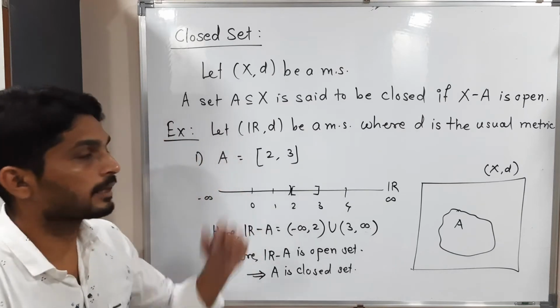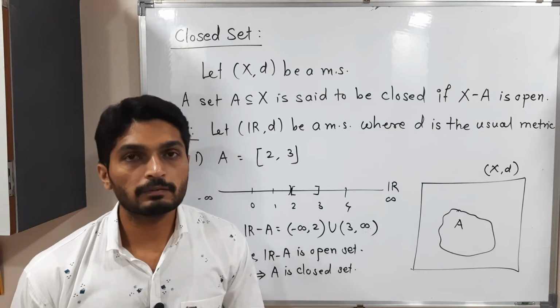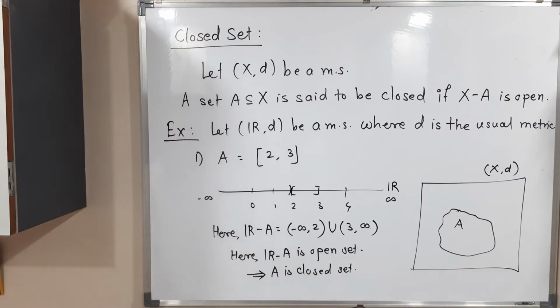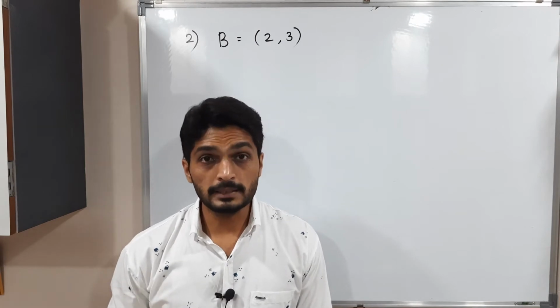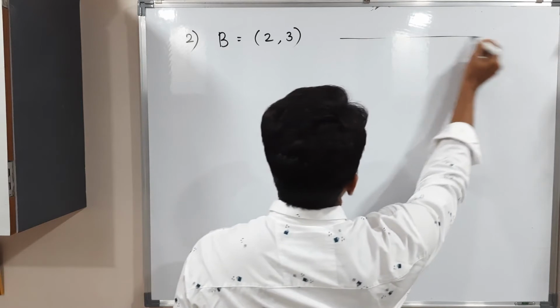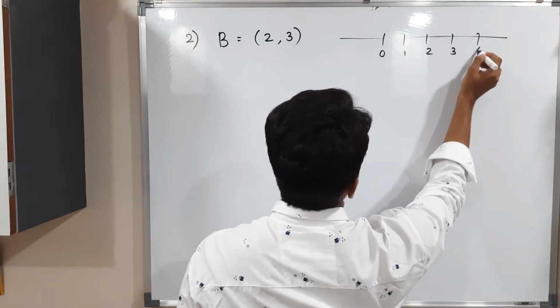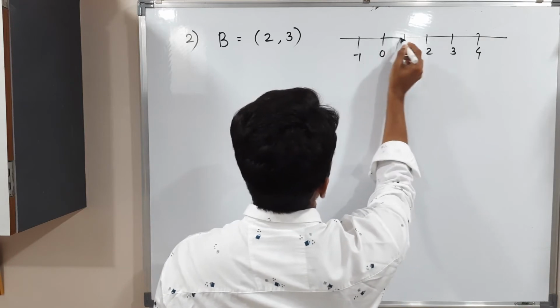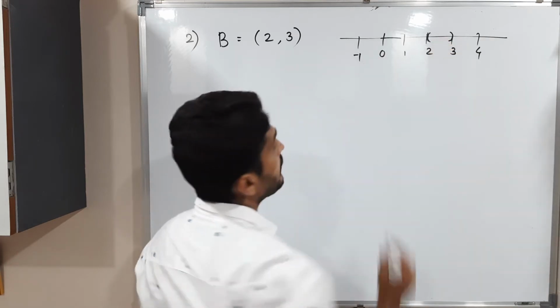So this is one example of a closed set. You can make a screenshot of it. After that we will discuss a few more interesting examples. So let us discuss the second example. B is equal to the open interval (2, 3). So this is a real line, 0, 1, 2, 3, 4, minus 1 here. See 2, 3, but this is an open interval.